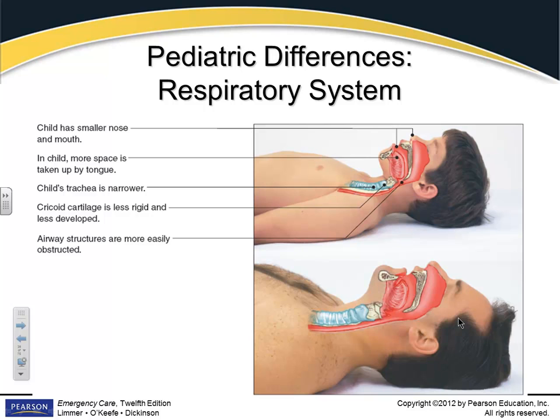We've already talked about these parts on the adult. So the smallest part of an adult airway is the glottic opening. So what's that near? The epiglottis, yeah. So the smallest part of an adult airway goes like this.